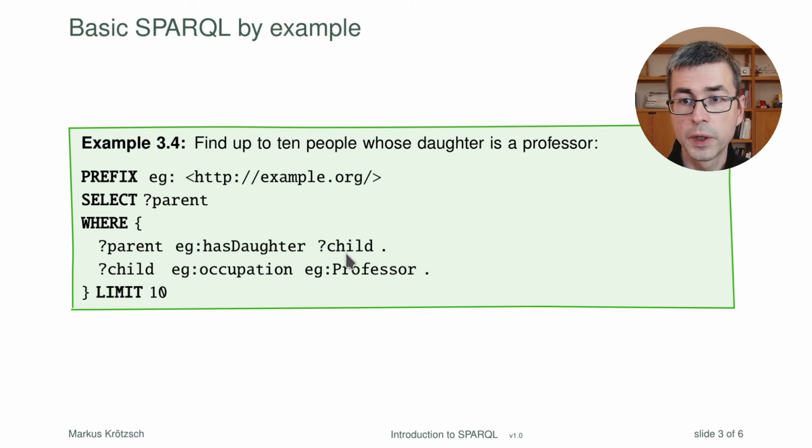And in this case, we use this child to then refer to the same node again here and specify that it should have the occupation professor. Again, making up some identifiers for these concepts. And there's a limit 10 after this, meaning that there should be up to 10 hits for this query and not more. Again, this should be fairly intuitive and also similar to other query languages you might know.